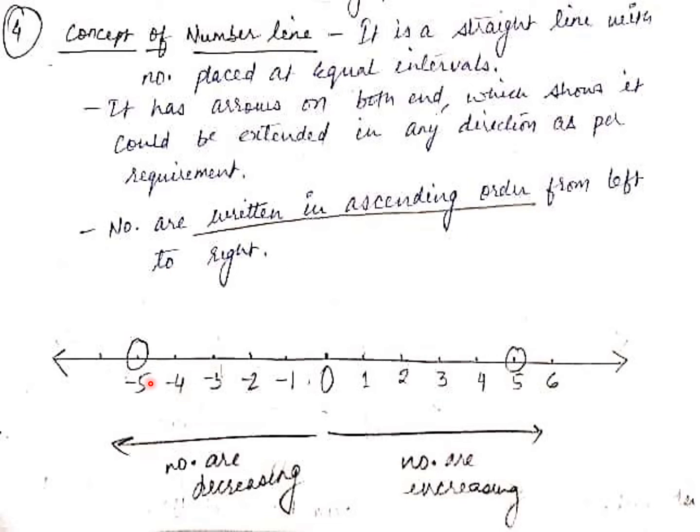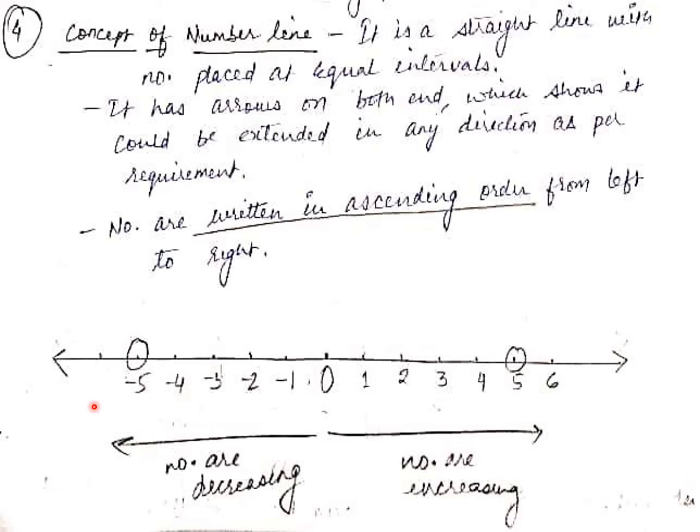Suppose I start from this point. First, we make a 0 at center, which is our origin. Right side of origin we have all the positive numbers, and left side of origin we have all the negative numbers. Suppose minus 5, after this we have minus 6, minus 7 and so on. So the more you go towards left, numbers will decrease, or you can say the number is becoming smaller and smaller.